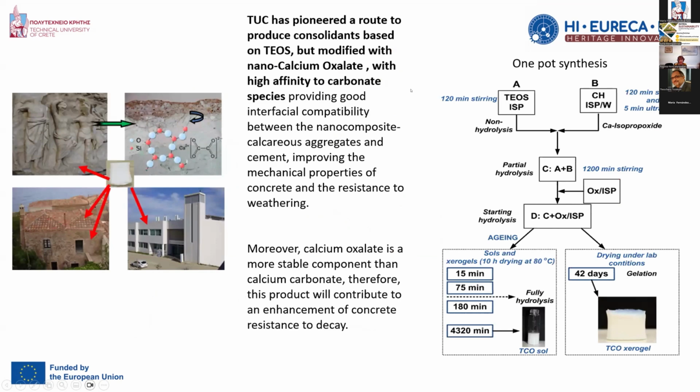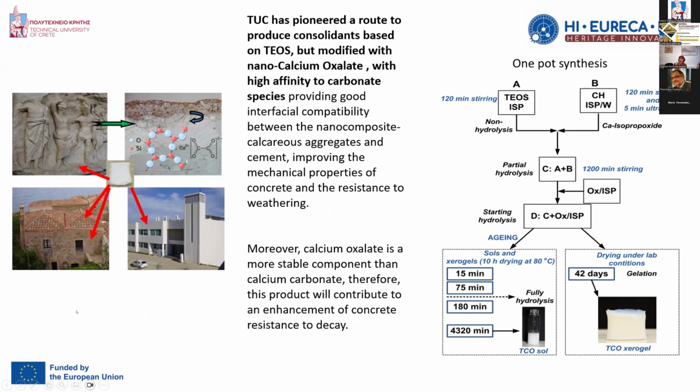In our lab, we have studied a lot of stable layers on monuments, the so-called patina layers. We can find those layers in monuments like the Parthenon and in other Mediterranean monuments.